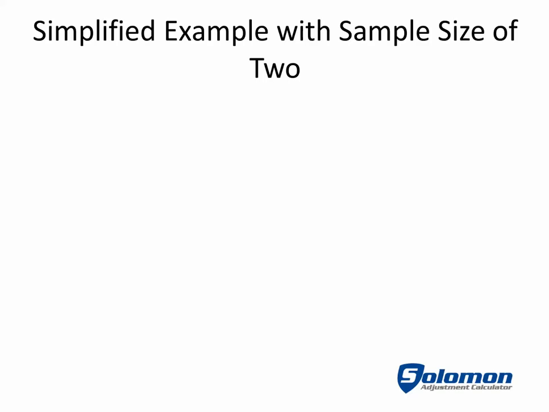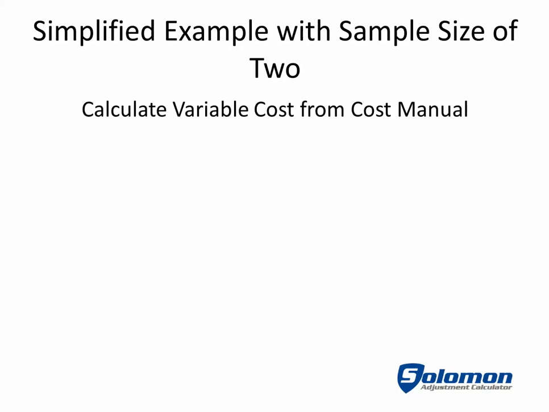Here's a simplified example using only 2 houses in the sample. We look in the table and see that 1,300 square feet has an average total cost of $125 per square foot, so the total cost is $162.5.